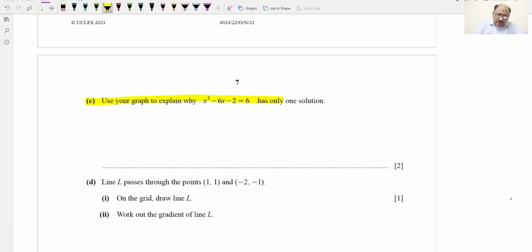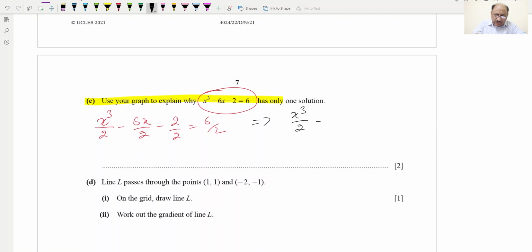So if we divide this whole equation by 2, our equation will become this one: minus 6x over 2, minus 2 over 2, and this will be 6 over 2. So this will be x cubed over 2. I will rewrite the equation over here. So this implies x cubed over 2 minus 3x, and minus 1 is equal to 3.